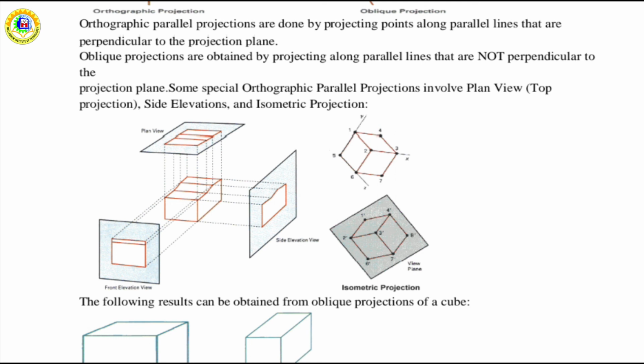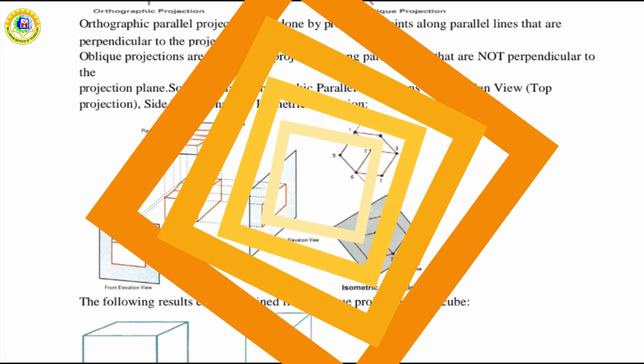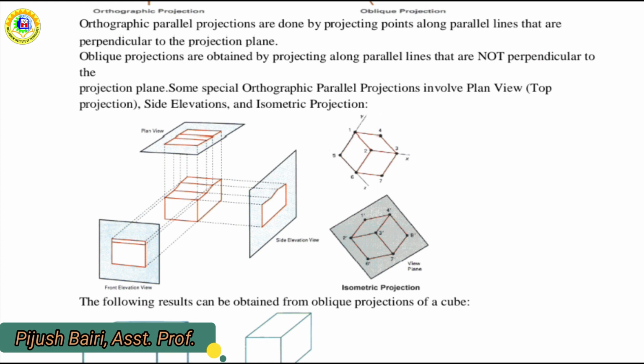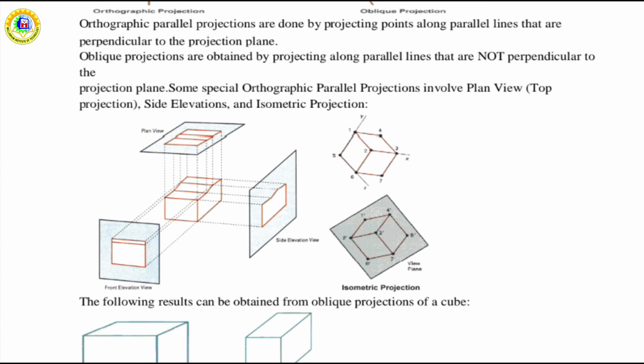All the 3 axes, that is the x axis, y axis and z axis, which are known as the principal axes, are foreshortened equally in an isometric projection so that the relative proportions are maintained. This is not the case in general axonometric projection, where the scaling factor may be different for the 3 principal axis directions. In case of isometric projection, the scaling factor is equal for the three principal axes.